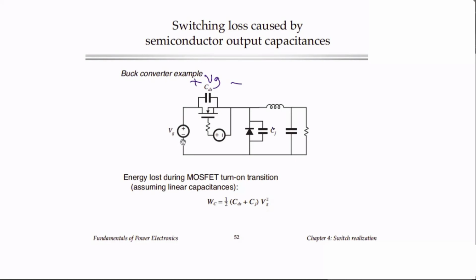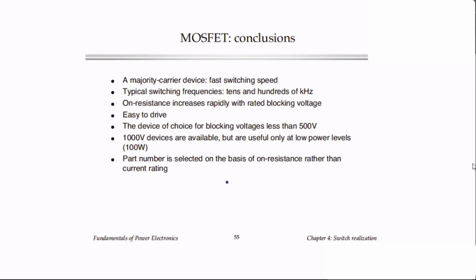So we lose this much energy every time we turn the MOSFET on and short the capacitances out. This would cause a switching loss equal to this energy stored in these capacitances multiplied by the number of times per second that we short out the capacitances, or the switching frequency. So this is another mechanism for switching loss.